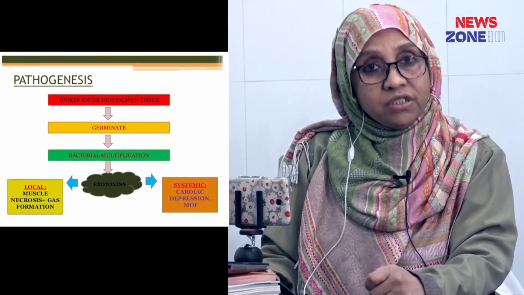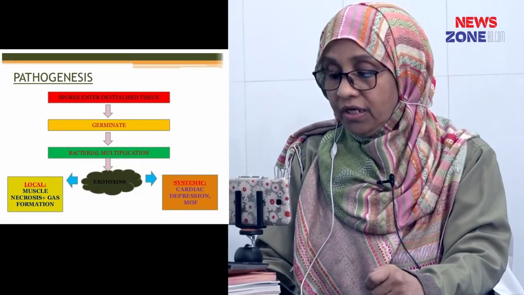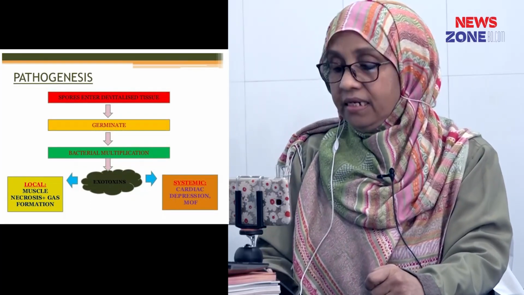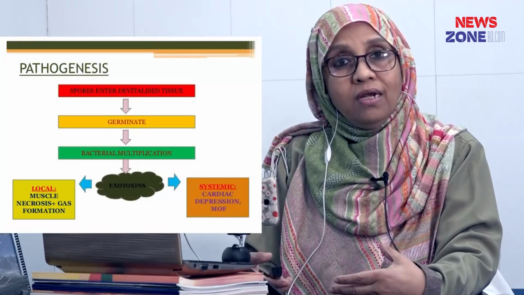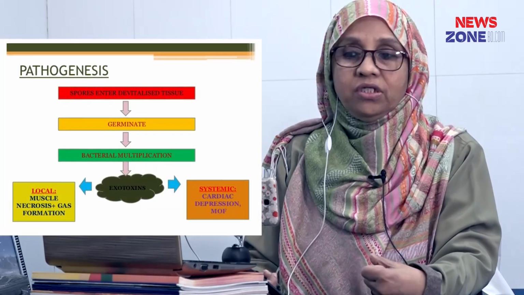Okay, so the spore is the infective form that gets entry to the body, then it germinates and multiplies, and the vegetative form after multiplication produces enzymes and toxins. With enzymes and toxins, they can produce both local and systemic action.